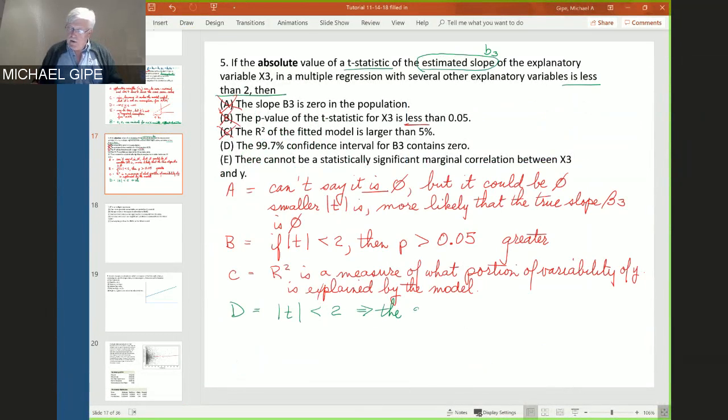That means that the 95% confidence interval contains 0. So a plus or minus 3 standard error confidence interval is wider and also contains 0.